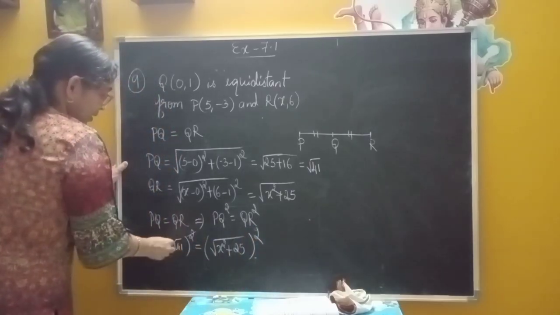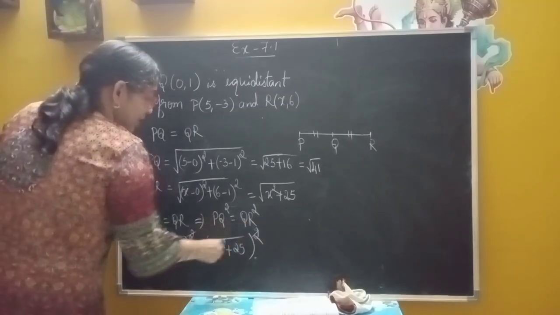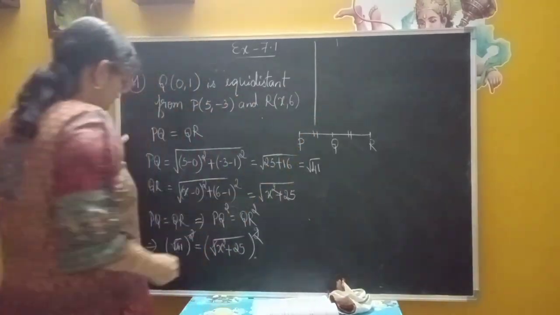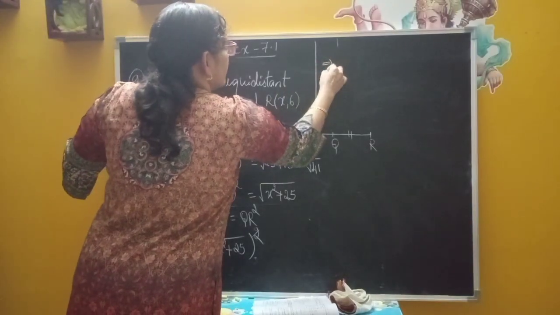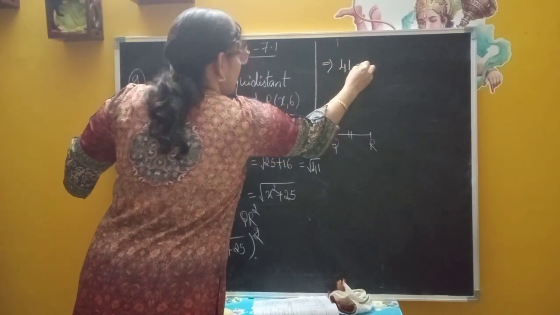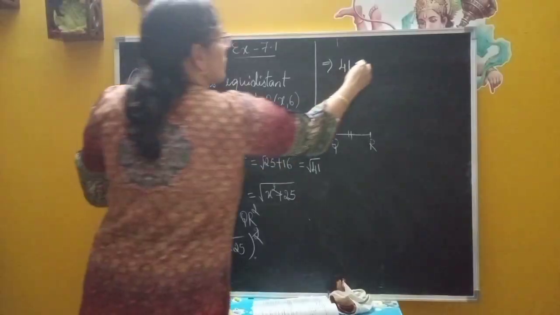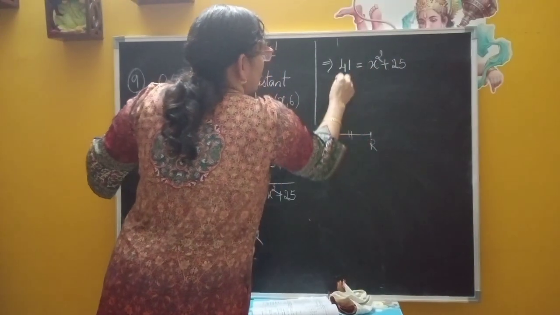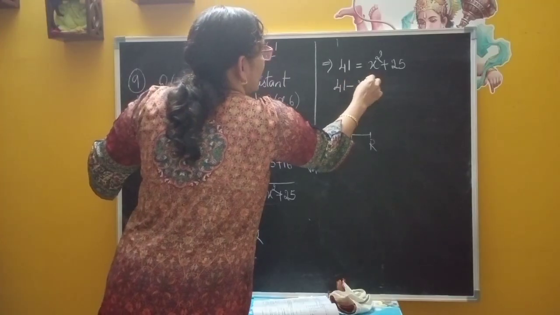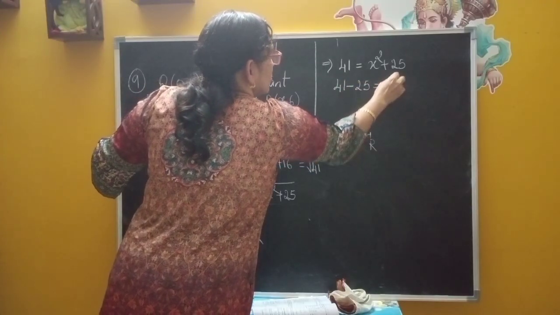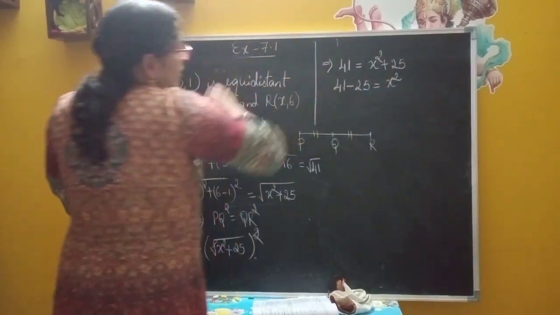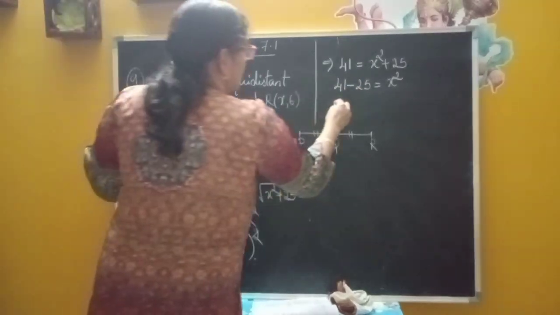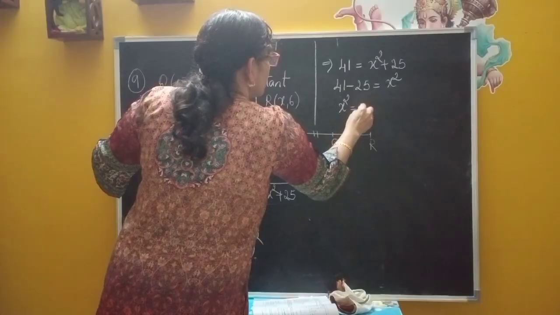The root sign gets cancelled on both sides. So 41 is equal to x square plus 25. Let us transpose: 41 minus 25 is equal to x square. So x square is equal to 16.